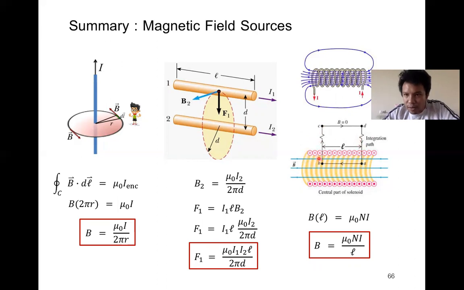So if I construct the Amperian loop over n turns, the enclosed current would be Ni. And then the integration of Ampere's law will be only B times the length L, because we have magnetic field only within the coil. And finally, the magnetic field within a solenoid or toroid can be found by this relation.